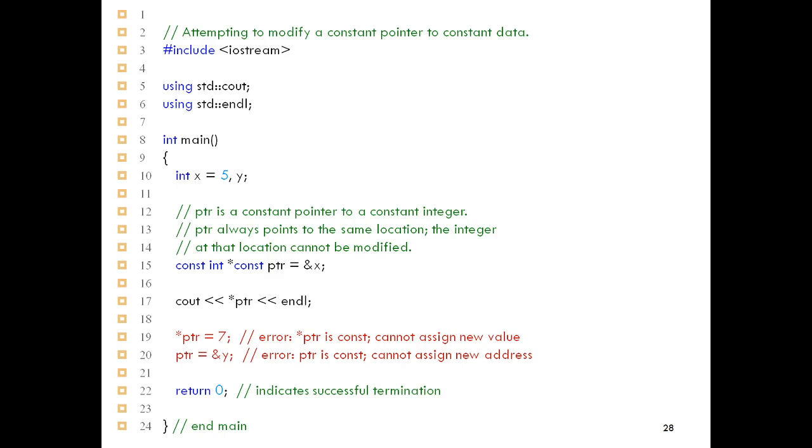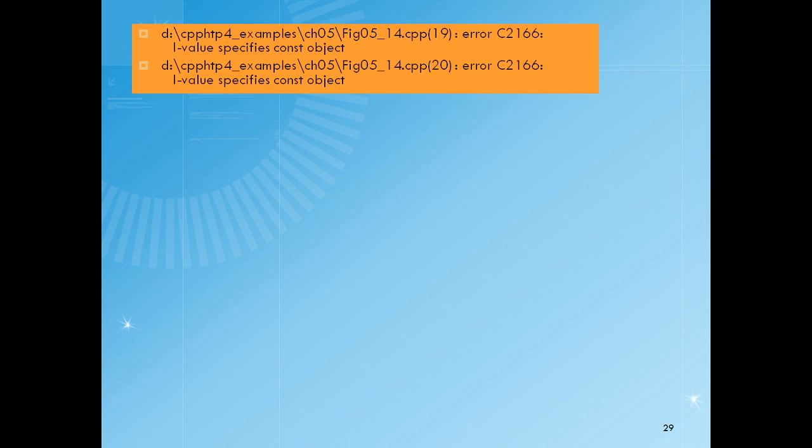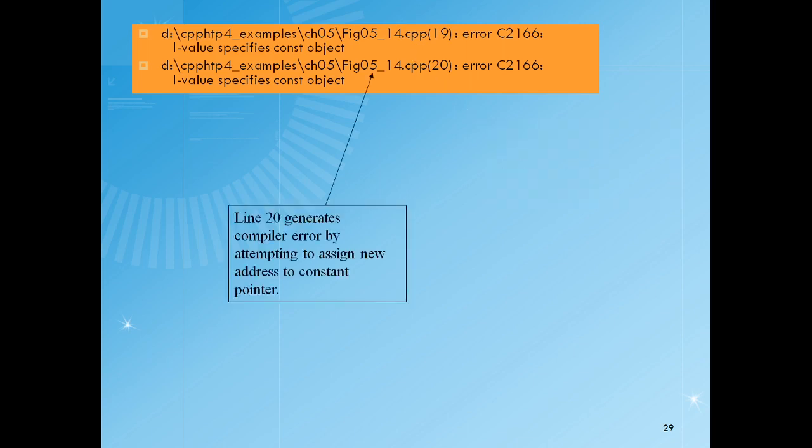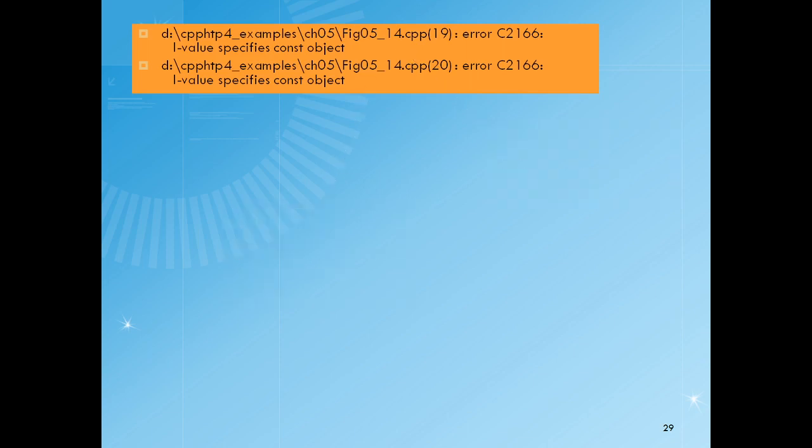You cannot assign the address either, because the pointer is not allowed to change, so it's read only. You cannot change anything at all. Okay, this is very useful. As long as you get this point, you can easily understand.